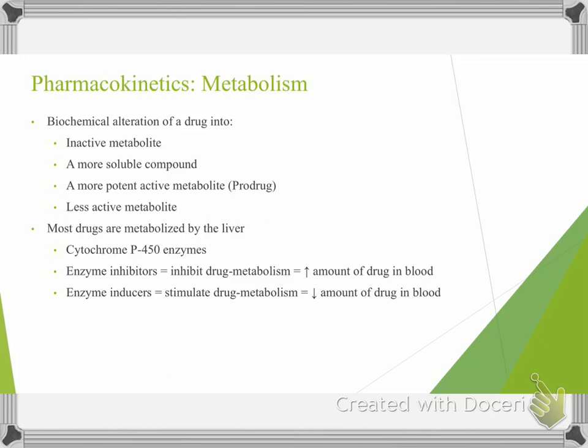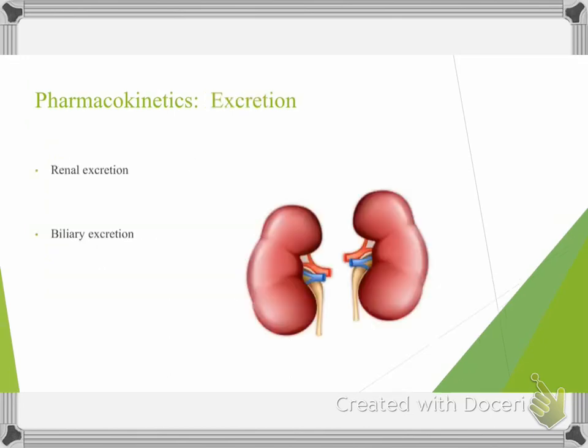And then excretion. So now we'll talk about kidneys, my favorite thing. So the liver makes the meds more water soluble, which makes it easier for the kidneys to excrete. Renal excretion is the most common way medications are excreted. They go through the renal tubules.